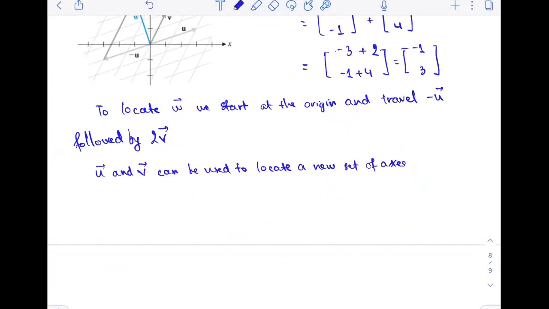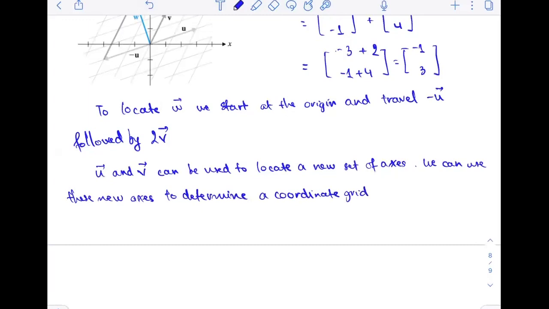And we can use this new axis to determine a coordinate grid that will let us easily locate linear combinations of U and V.